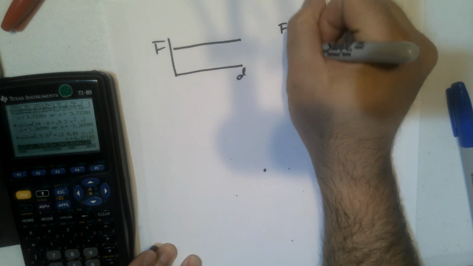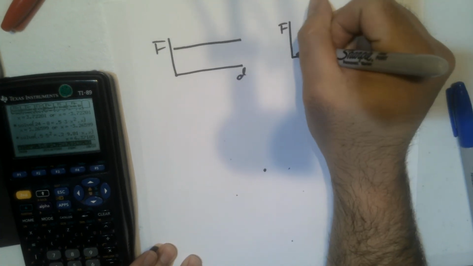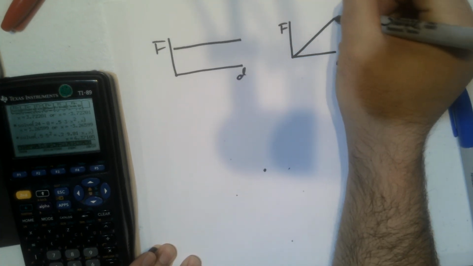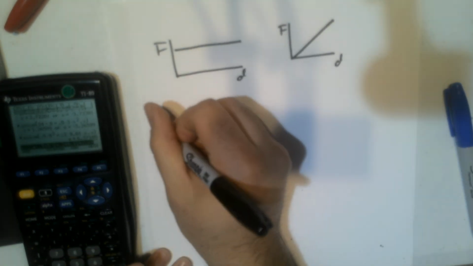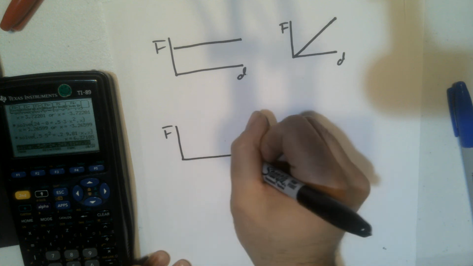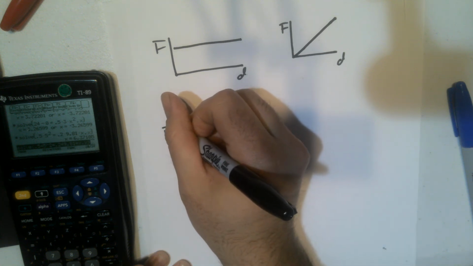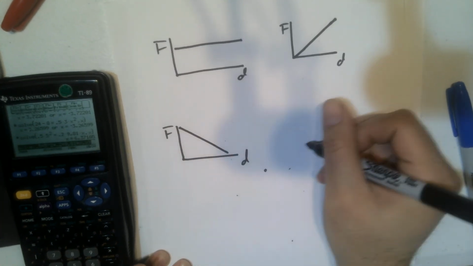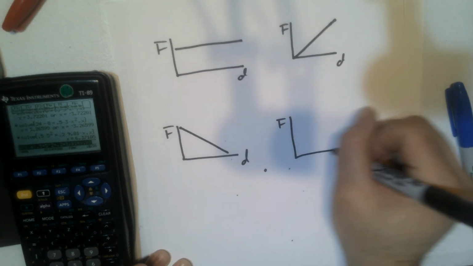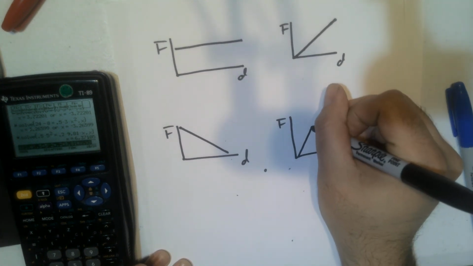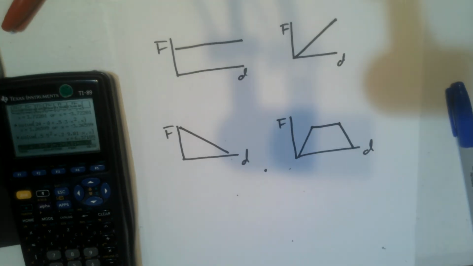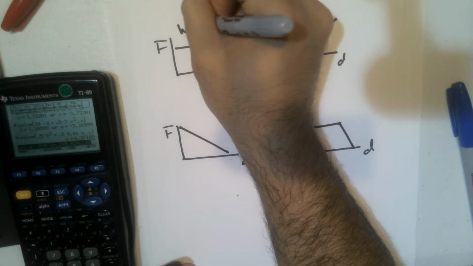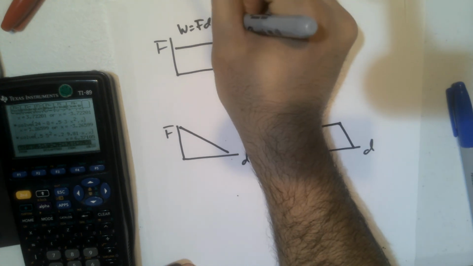But we could have a scenario where the force grows as the object is moving along. We could have a scenario where possibly the force is already something and it shrinks. We can even have it where it does all kinds of stuff. Maybe something that grows, stays constant, and shrinks. There's a lot of different possibilities here. But this is the one where the formula would apply.